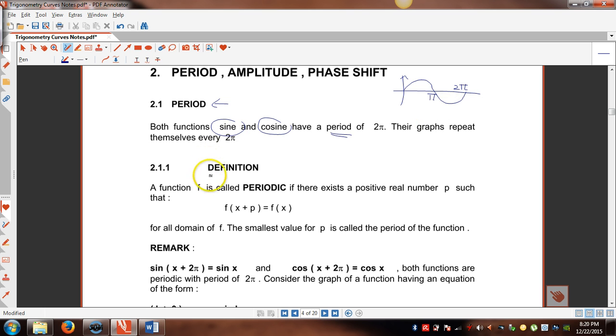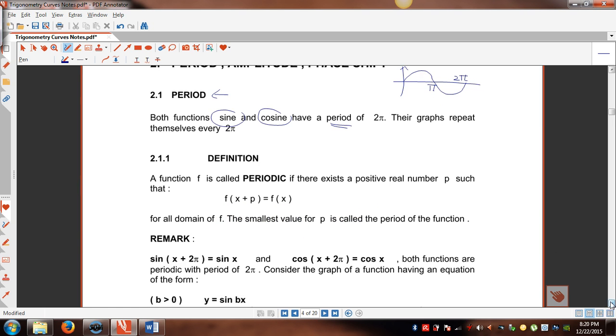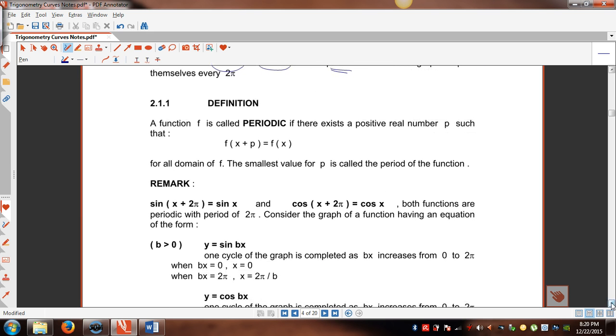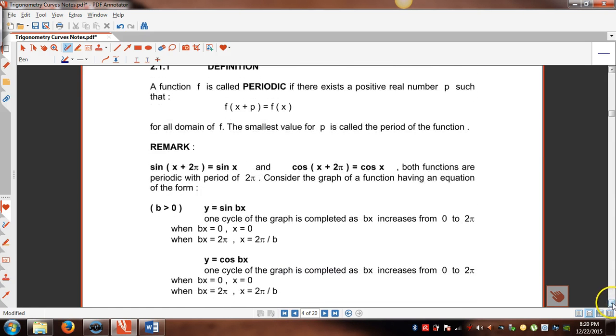Okay, and then we have this definition. The function f is called periodic if there exists a positive real number p such that this holds for all the domain of f. The smallest value of p is called the period of the function. We look at the example of sine there.